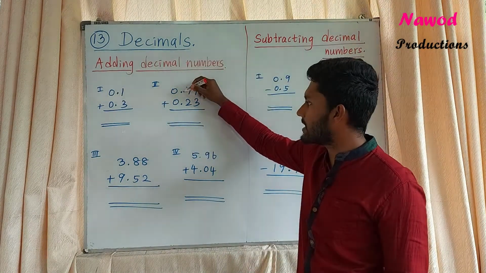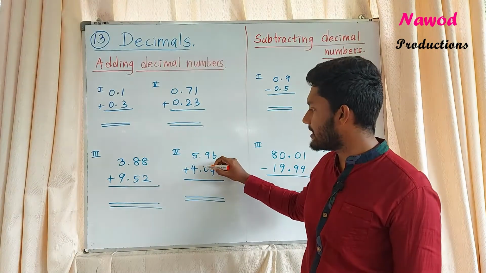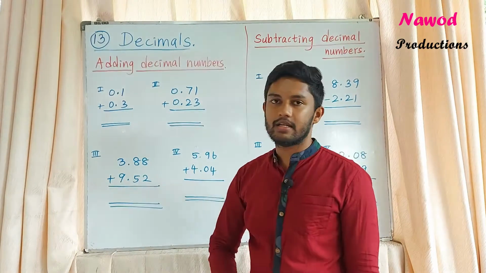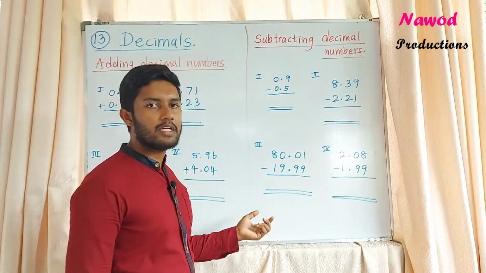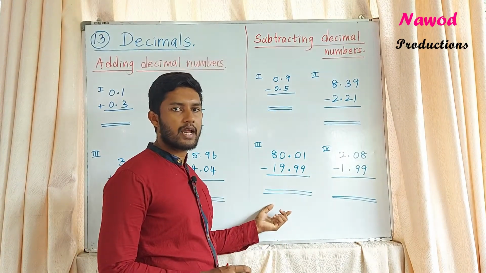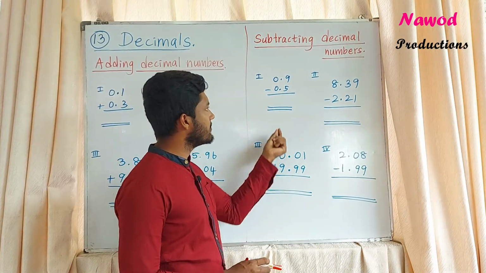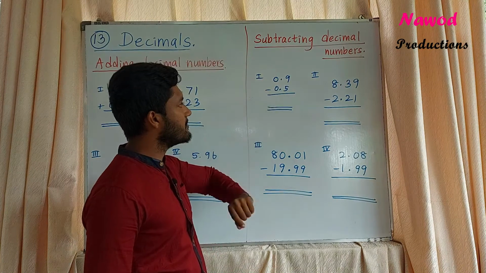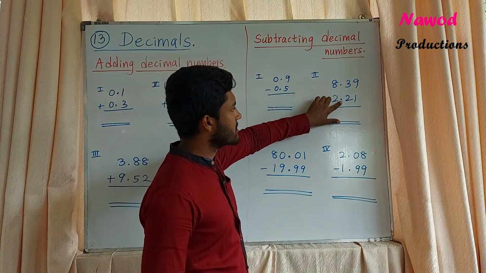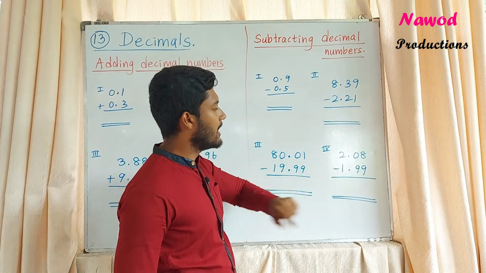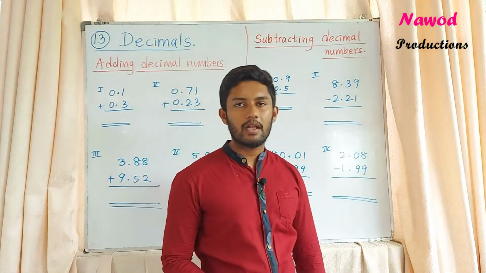Each and every place, you can understand that the same place has the decimal point. That is the rule when we are doing subtraction and addition. Here also below the decimal point, same place.